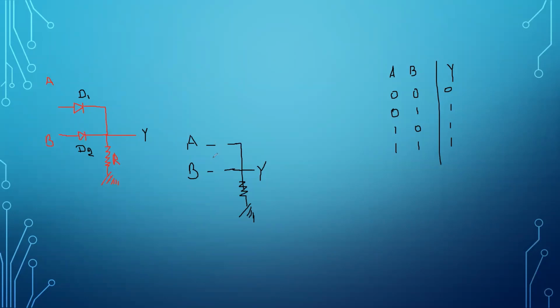When you provide 0, 0 at the inputs, these diodes will be like this, having an open path, and the remaining connection will be like that. The output is directly connected to the ground through the resistance. So here we have a connection path from ground to output through resistance only. So the output is equal to 0 for case 1.